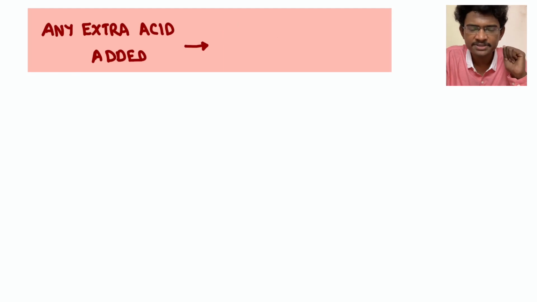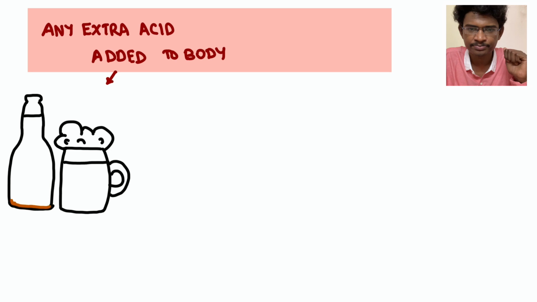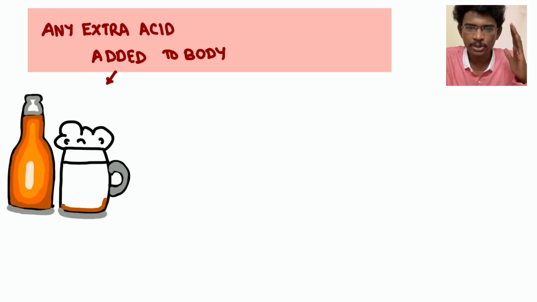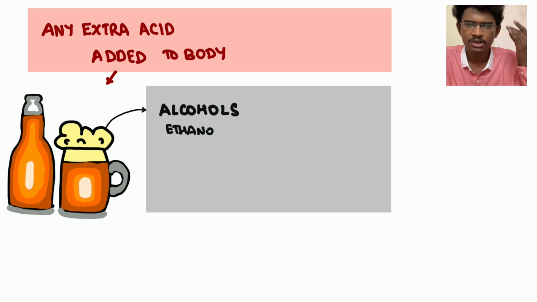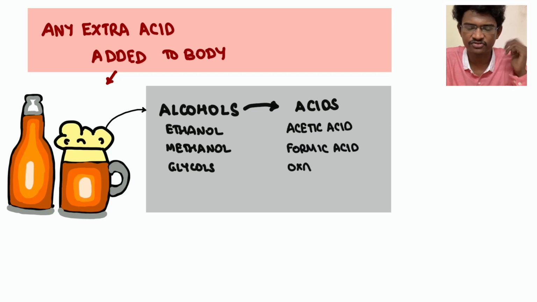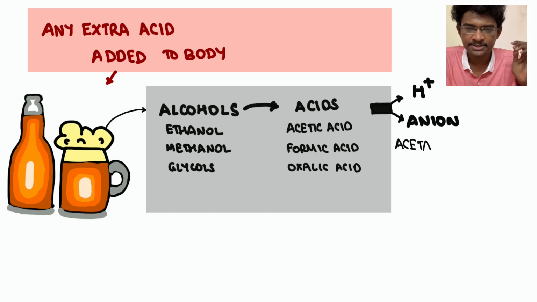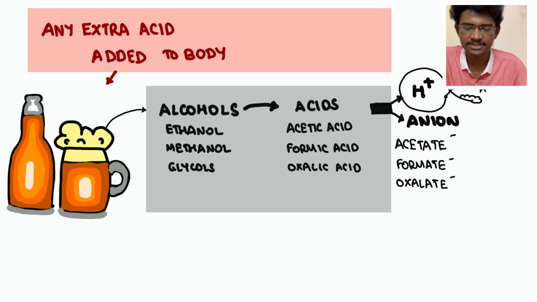So what happens when some alcohol is taken into your body? All the alcohols will be oxidized into acids: ethanol, methanol, glycols, all these are oxidized to their respective acids. These acids, like acetic acid, if formed, will split into H plus, a proton, and an anion like acetate.